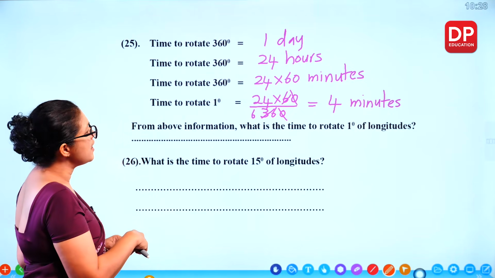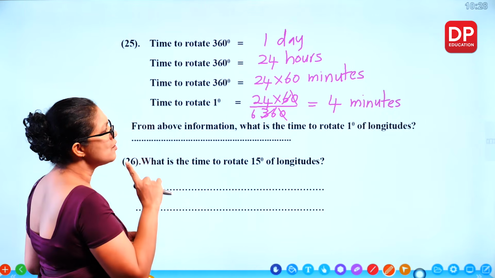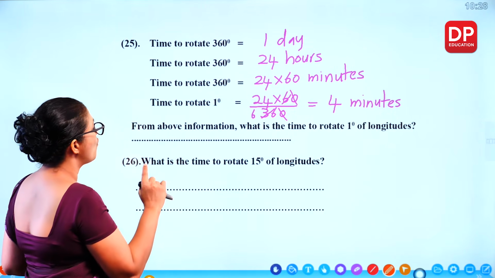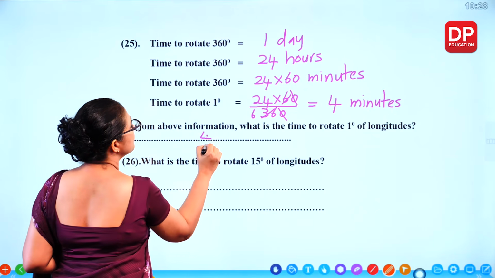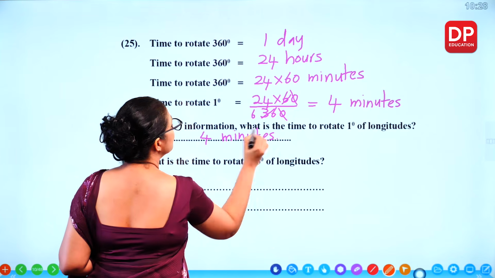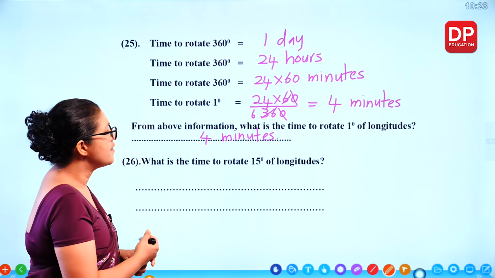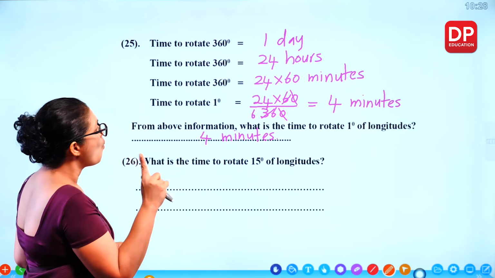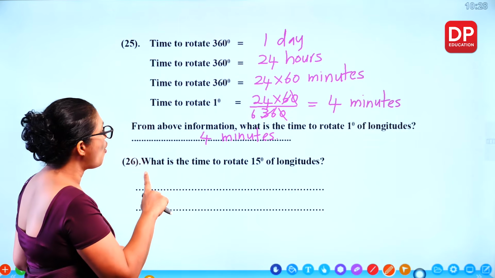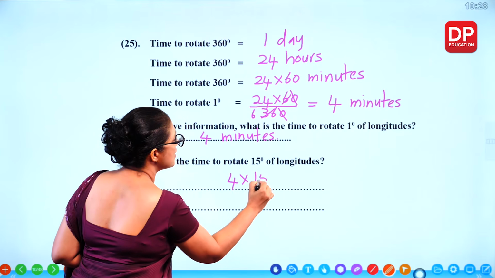From the above information, what is the time to rotate 1 degree of longitude? That's 4 minutes. What is the time to rotate 15 degrees of longitude? 1 degree is 4 minutes, so for 15, 4 times 15.